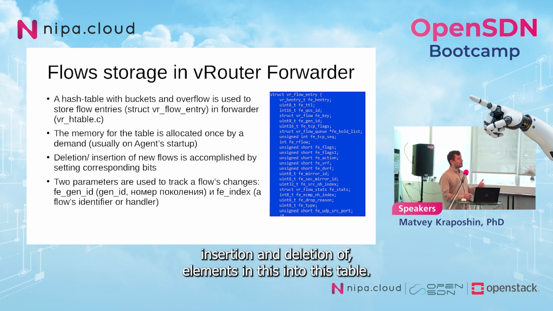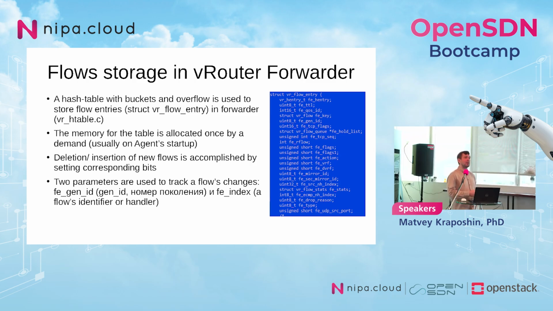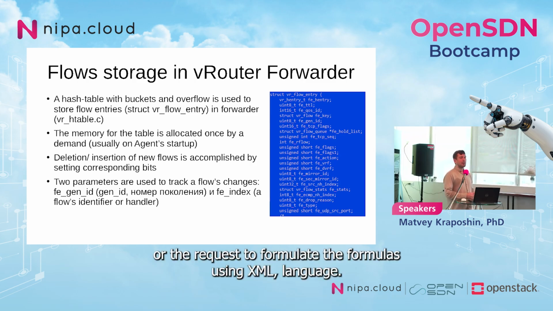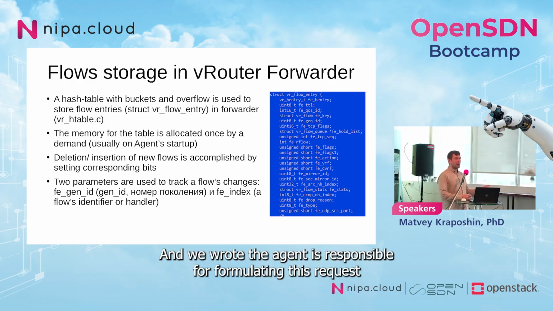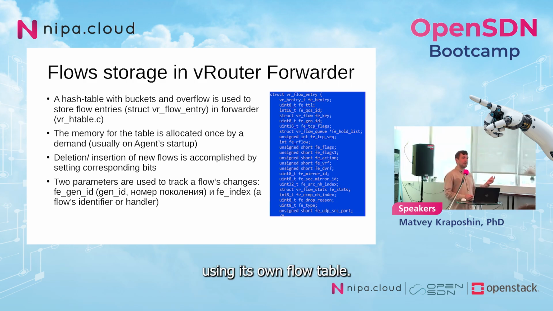Then insertion and deletion of elements into this table is done by requests. Requests are formulated using XML language, and the router agent is responsible for formulating these requests using its own flow table.